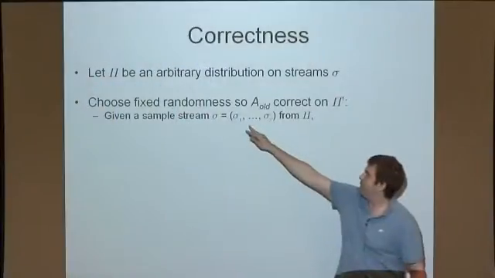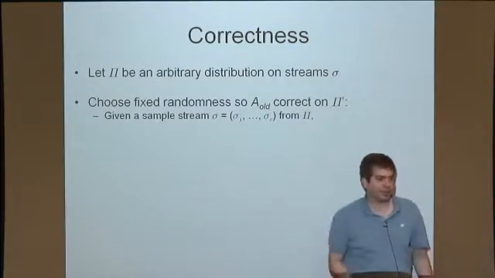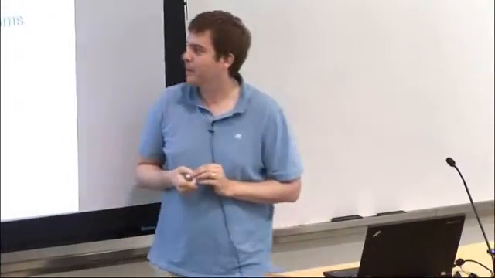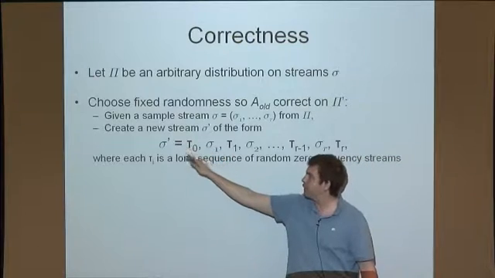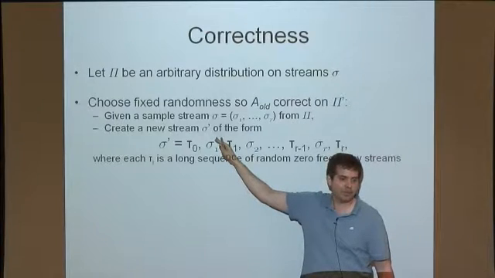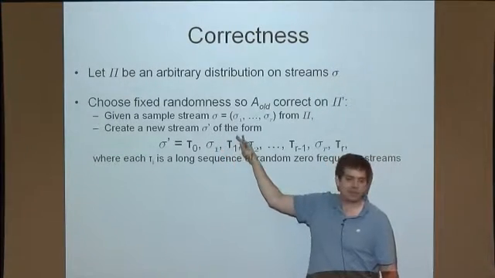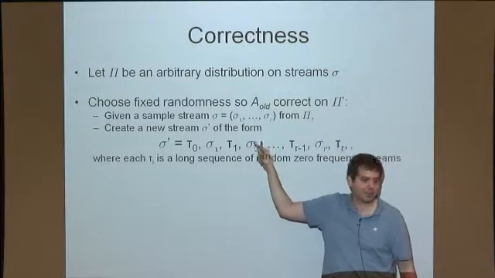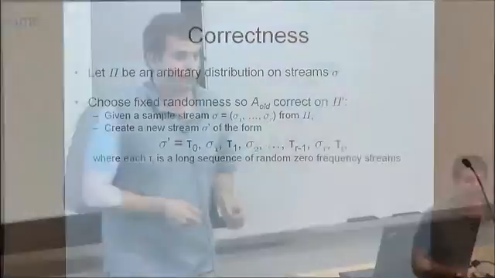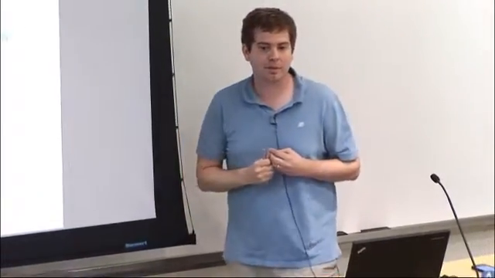You sample a stream sigma of updates from distribution pi, and you create a new stream sigma prime of the following form. Sigma prime is going to look like a long sequence of zero frequency streams, tau 0, followed by the first stream update, sigma 1, followed by a long sequence of zero streams, tau 1, followed by the second stream update, sigma 2, all the way to the end until you get to sigma r, and then followed by a long sequence of zero frequency streams. So this distribution pi prime is derived from the distribution pi.